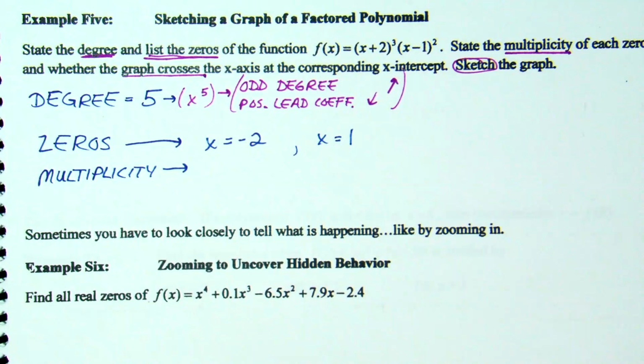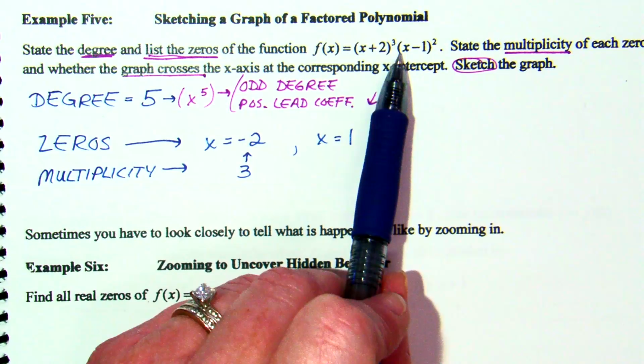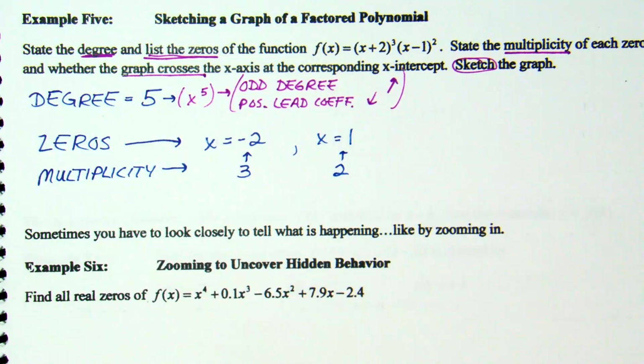The third. So the zero of negative 2 has a multiplicity of 3. We'll talk about what that means in a moment. What about my zero of 1? X equals 1 comes from x minus 1 to the second, and so what's the exponent there? And that is 2. So we have zeros of x equals negative 2 and x equals 1. X equals negative 2 has a multiplicity of 3. X equals 1 has a multiplicity of 2.